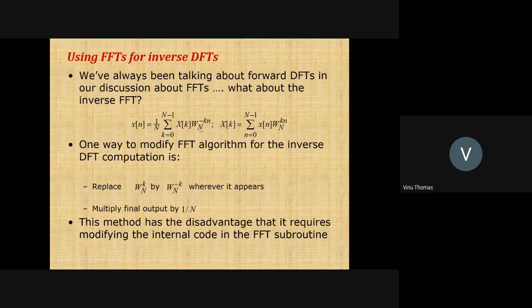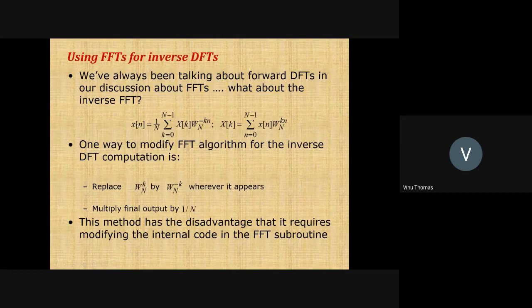If you look at the analysis equation here, you see these two equations are very similar. Now if capital X of k was the input to the FFT algorithm, and if you replace Wn by Wn raised to minus 1, and then use the same signal flow graph, and then divide the computed outputs by n, then our logic says that you will get back the original input sequence x of n.